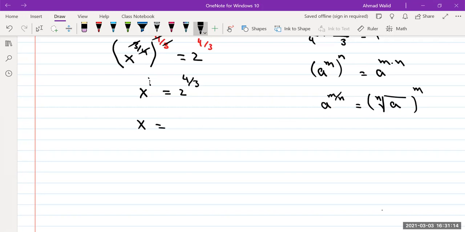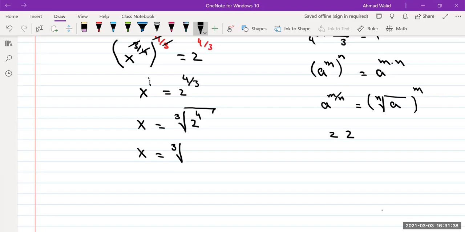Then x equals, open a radical, 3 comes here as the index, 2. If I put 2 here, look, it's easy to think. I don't have the cube root of 2. But if I put the power here, this time it's much easier. Then x equals the cube root of 2 to the power of 4.